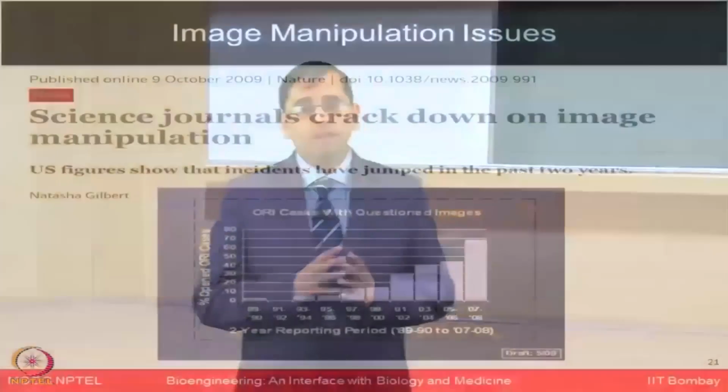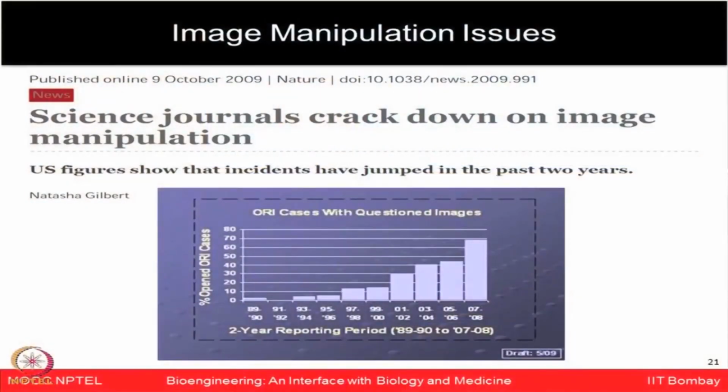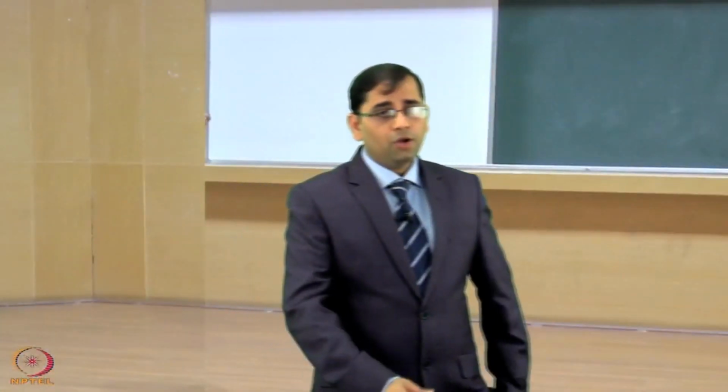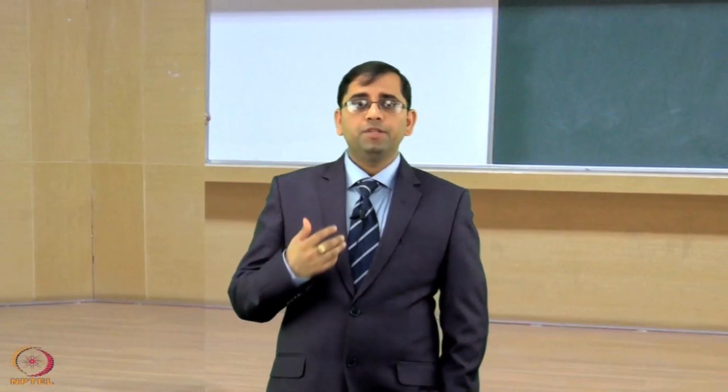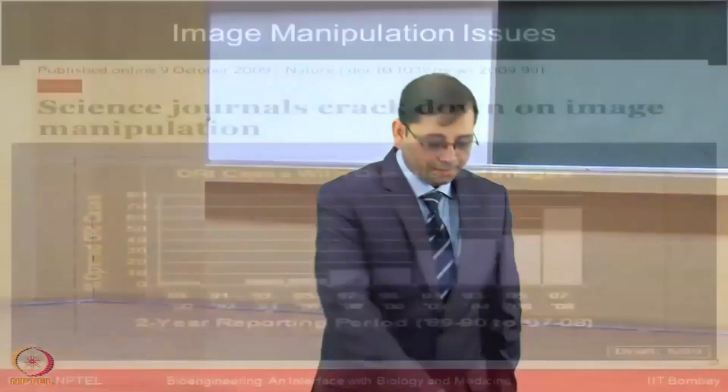So, the Journal of General Science looked into image manipulation very seriously, and their data and analysis showed that a large number of publications have actually been retracted because of manipulation in the images. Therefore, many of these journals have their editors and a technical team who also look at the images quite seriously even before the manuscripts are sent for the peer review process.